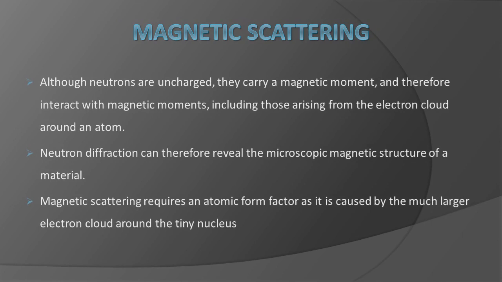The second type of scattering is magnetic scattering. Although we know that neutrons are uncharged, they carry a magnetic moment, and therefore interaction with magnetic moments also occurs. There is an interaction of this magnetic moment with the electron cloud around the atom, so magnetic scattering happens, and therefore it reveals the microscopic magnetic structure.